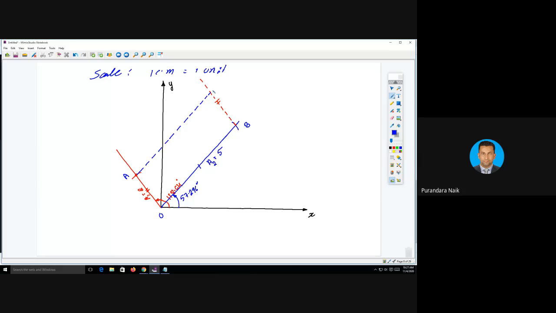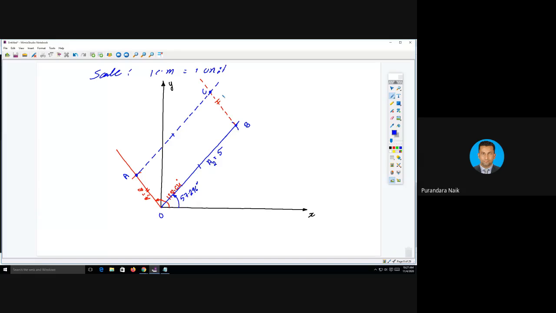So I'll get an intersection point here. That point we will take as point C. These two lines are parallel lines. Once you get point A and point B, through point B just draw a line parallel to OA, and through point A a line parallel to OB.